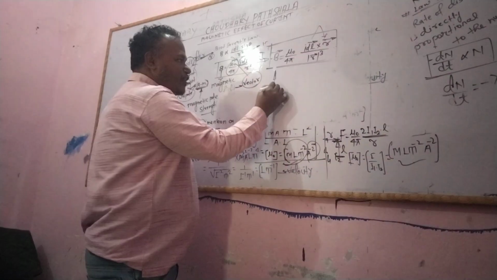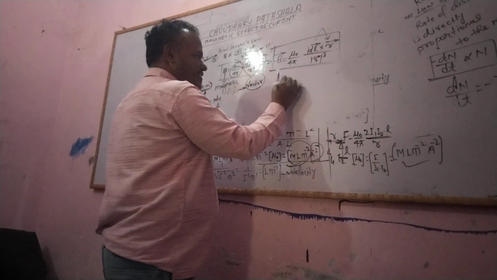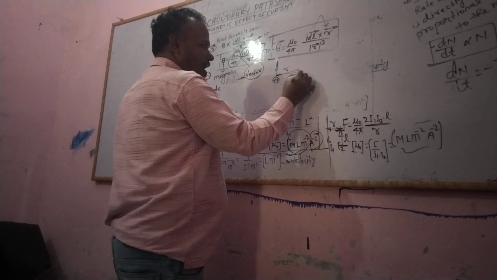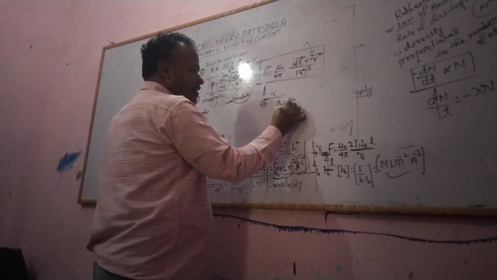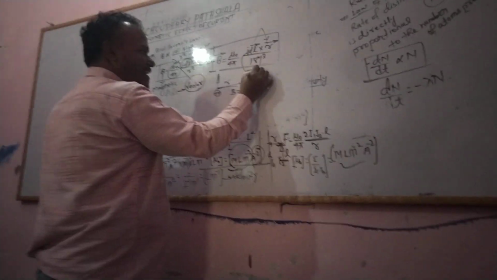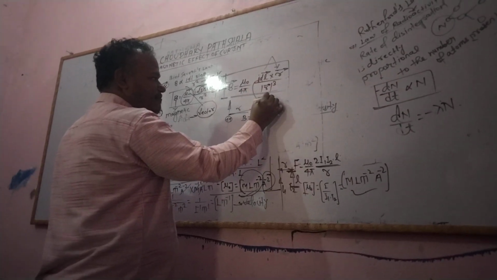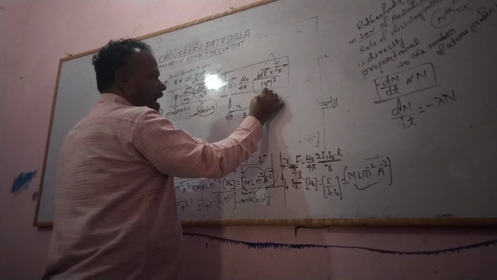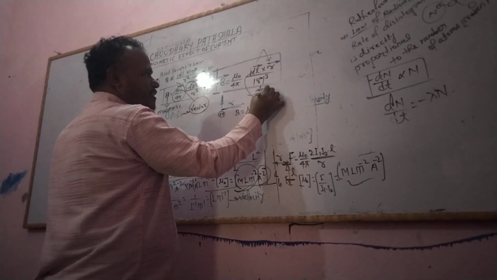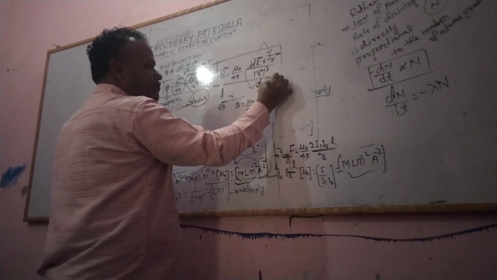And now the magnetic field due to a moving charge at a distance r can also be calculated from Biot-Savart's law. This formula will come as mu naught upon 4 pi and the equivalent element I dl. I will be equal to dq upon dt, and this is dl.